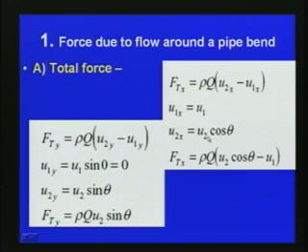So finally, Fx is equal to rho Q (u2 cos theta minus u1). So, the force in the x direction is rho Q (u2 cos theta minus u1). Similarly, the total force in the y direction is Fy equal to rho Q (u2y minus u1y).